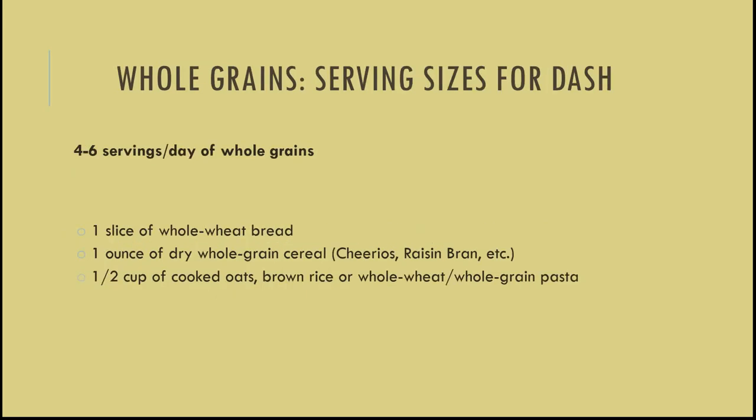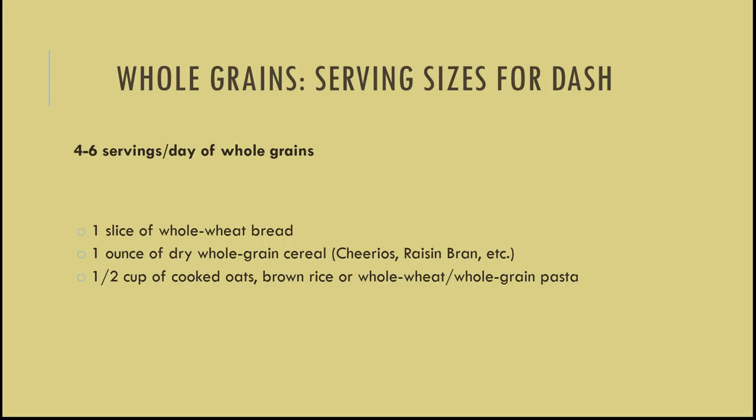What is the serving size for whole grains on the DASH or Mediterranean diet? You want about 4 to 6 servings a day of these whole grains. I did not list servings a day for refined grains because you want to be avoiding those as much as possible.